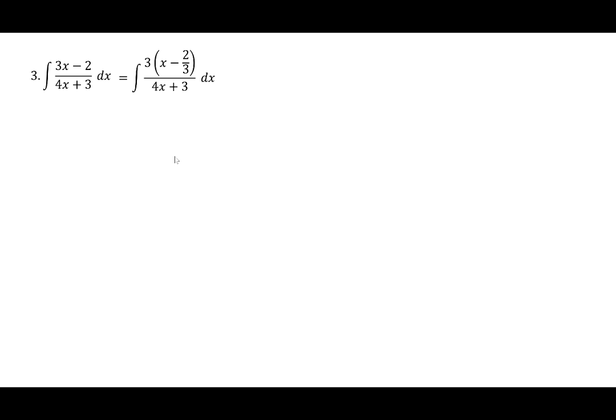Factor out a 3 so that the coefficient of x becomes 1 inside the parenthesis. Now can I multiply just the inside stuff by a 4? I multiplied both the terms by a 4. So 4x minus 8/3. But because I multiplied by a 4, I'm dividing by a 4.